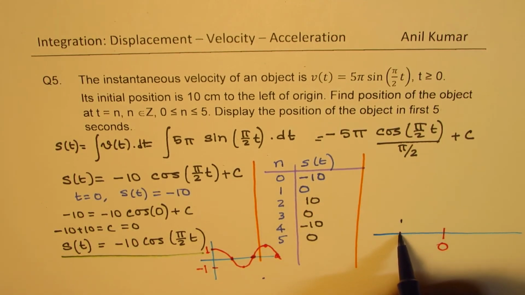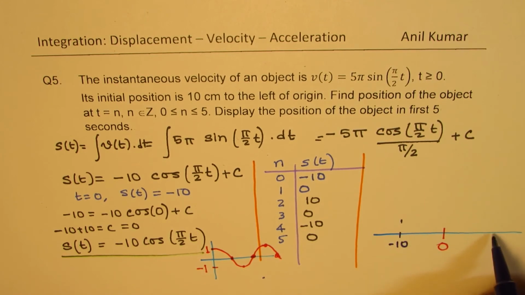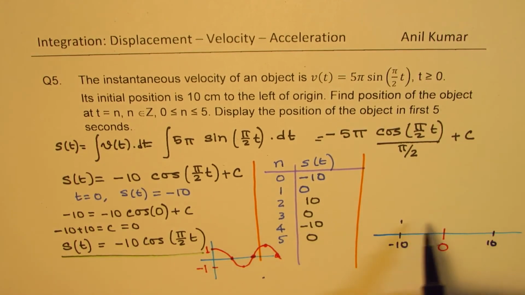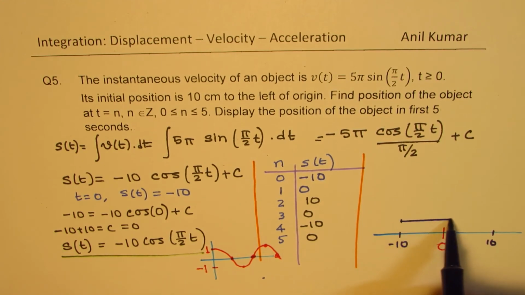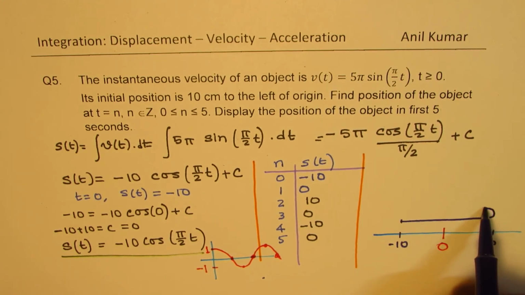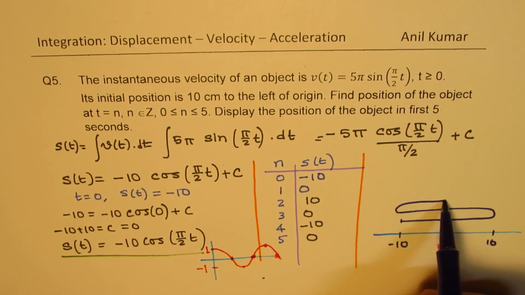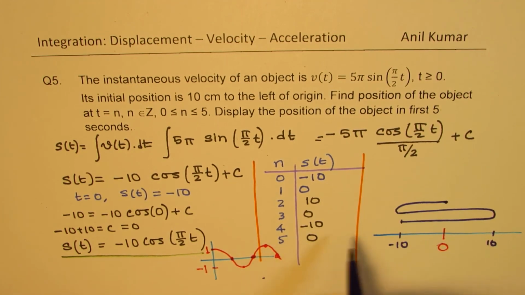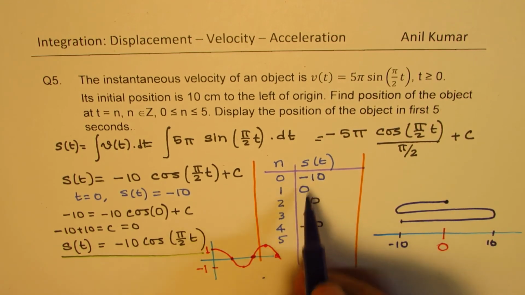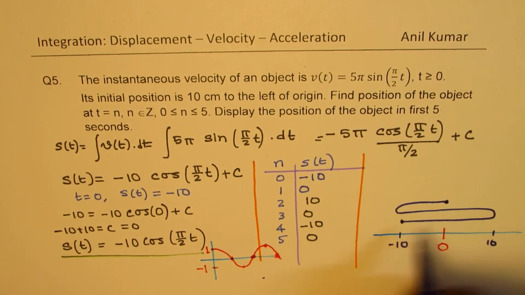Let's say this is minus 10 here, and let's say this is plus 10 for us. So at 2, it is plus 10. So it begins here, it goes up to this point and then turns. And then comes back to minus 10 and then goes to this point and then stops. I mean, it just moves on, but we are only interested in this cycle.